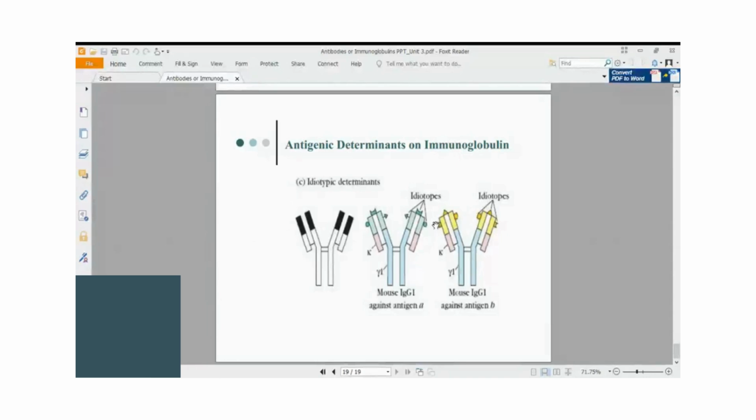And these three IgG molecules differ from one another even though they belong to the same allotype. See here, in the example they have shown mouse IgG1, IgG1. Even though they belong to the same allotype, they differ in their FAB site because each FAB site of that antibody is meant for one particular antigenic epitope.